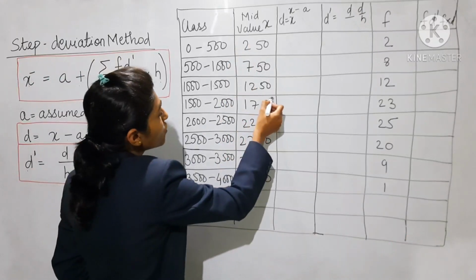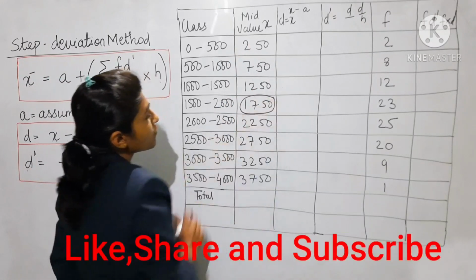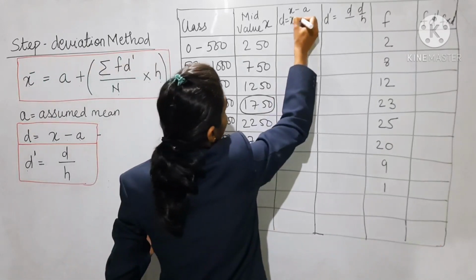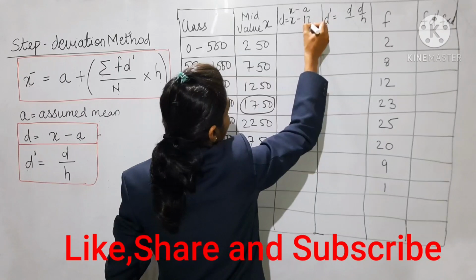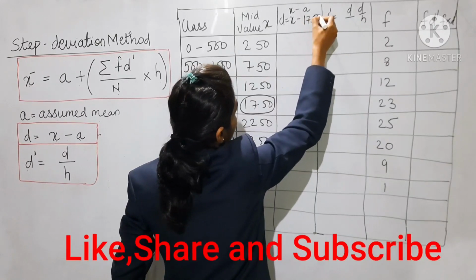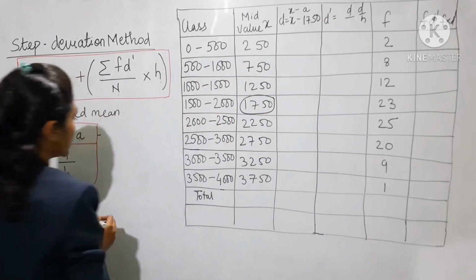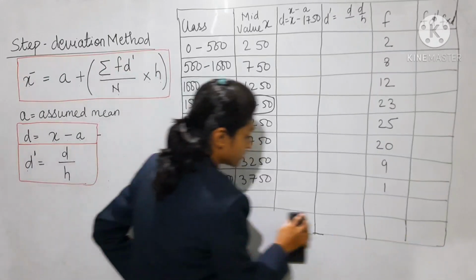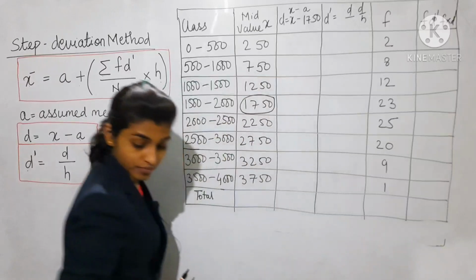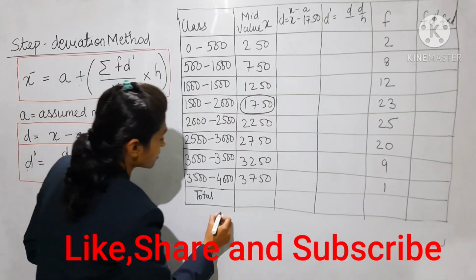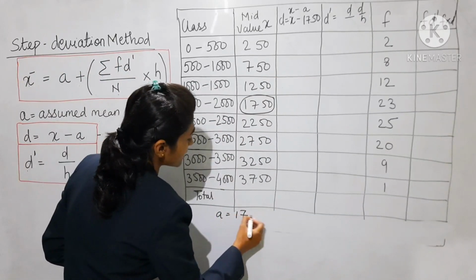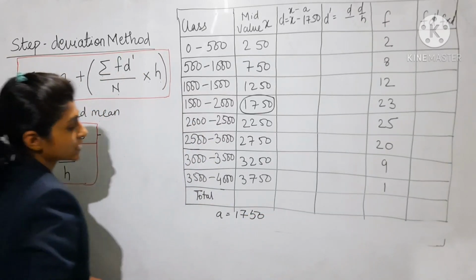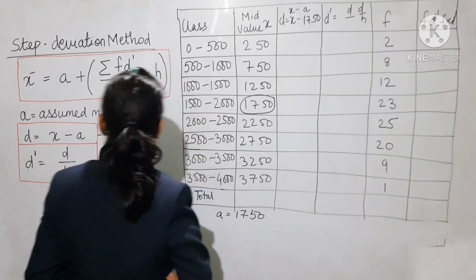I will assume 1750 as A. So my assumed mean is 1750.